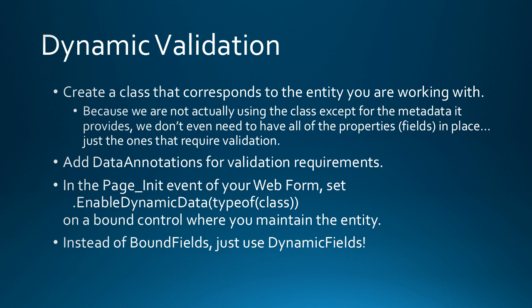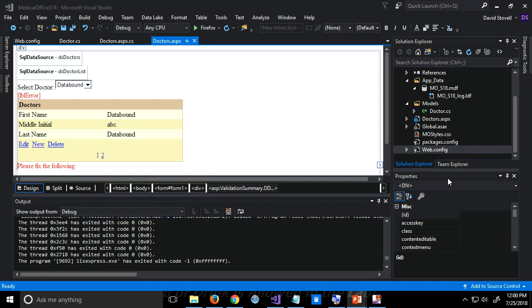By the way, if you have a grid and a details view type of situation, you really only have to do it on one, because they're sharing the same data source. You don't have to do it on both, just one is enough. And instead of bound fields, we just use dynamic fields. So it dynamically will create our validations and away we go. Much, much easier indeed.